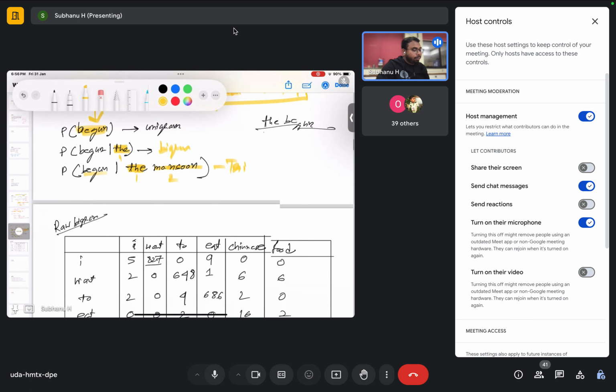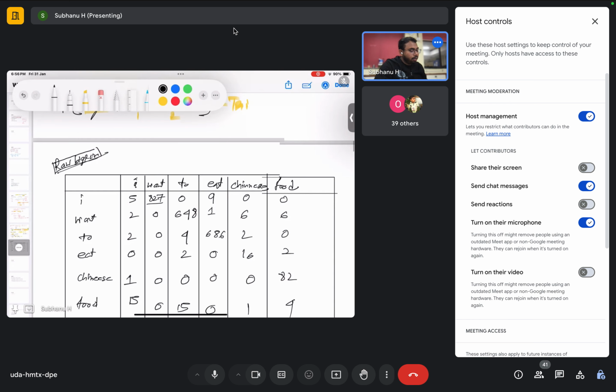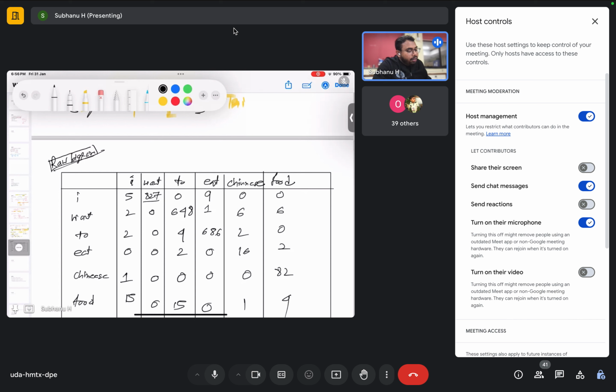Now I have written a raw bigram table. It says how many times two words appear together in my corpus. "I Chinese" appeared together never, "I food" appears never.